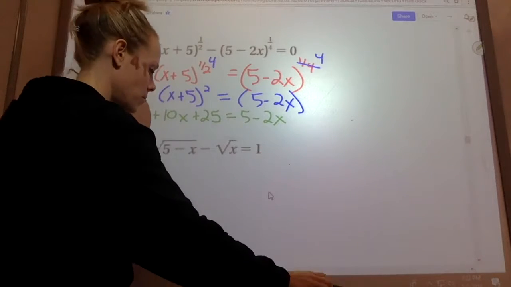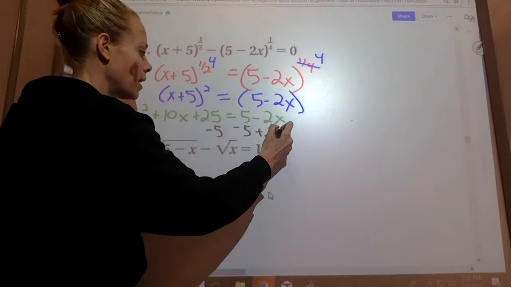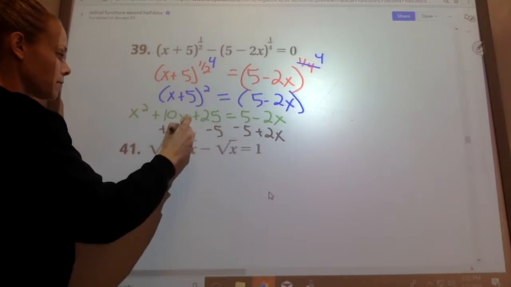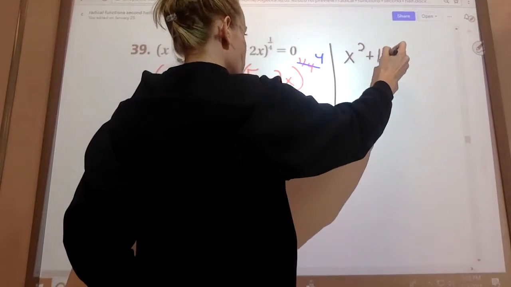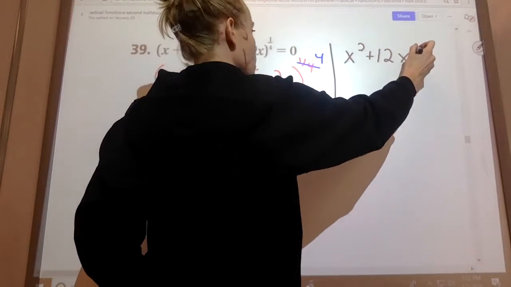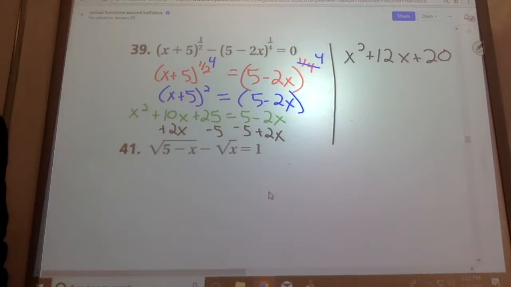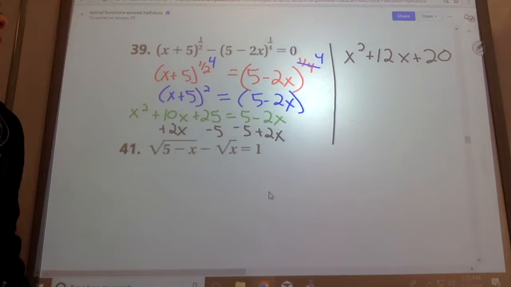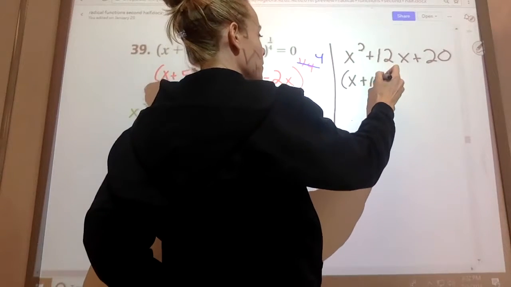So I'm going to subtract the 5, add the 2x. So I get x squared plus 12x plus 20. Okay. Now factor that. What do I multiply equals 20, but add equals 12? 10 and 2.